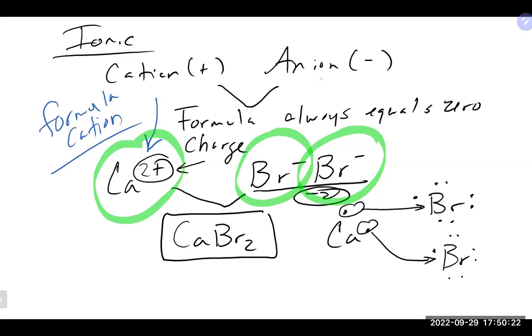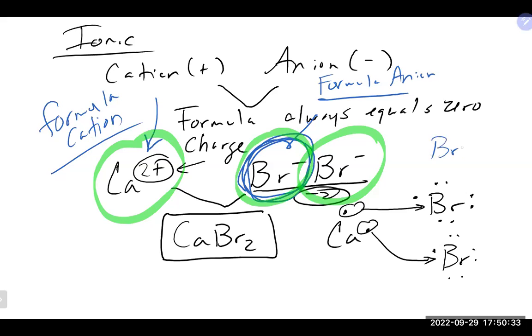And if you were asked to write the formula for the anion, you should write one of these, not 2 of them. You shouldn't write this or anything like that. You should just write Br minus, which would be the correct way to represent the anion in this case. Any questions on that?